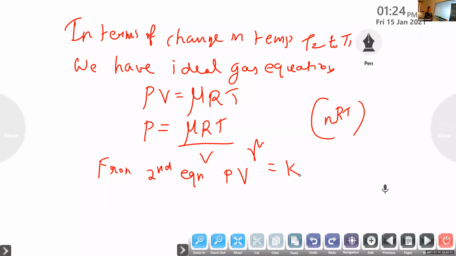And here mu RT also is a constant. So we are going to combine that. So instead of V, we can write V raised to gamma. Okay. So P is equal to mu RT by V raised to gamma, because we are getting the equation of gamma over there. That's why we are using it. Instead of V, the same equation you can change into V to the power of gamma.